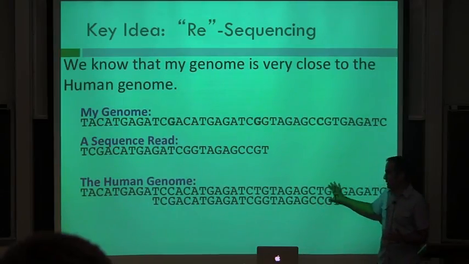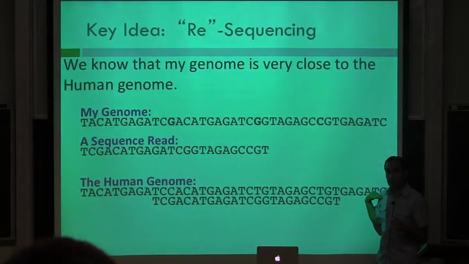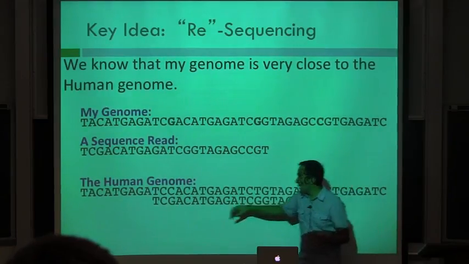What do I do next once I have this? How do I figure out what my genome is, once I match to the closest position? You substitute your bases with the bases of the human genome? Yeah, so I look at where they differ. Here's a difference, here's a difference, and here's a difference.